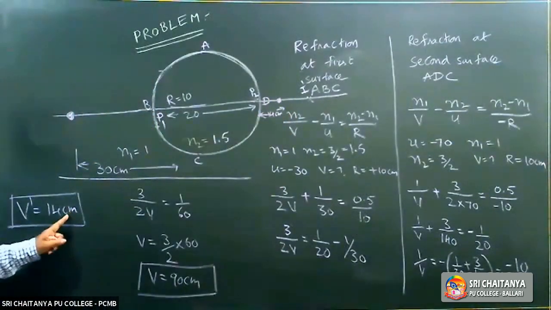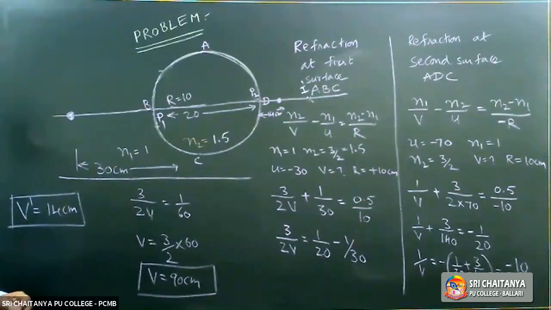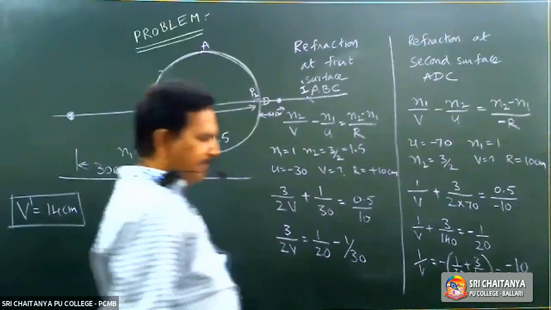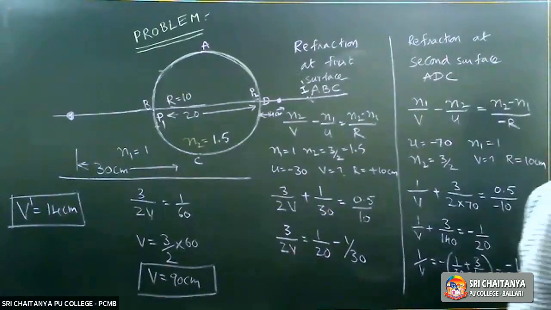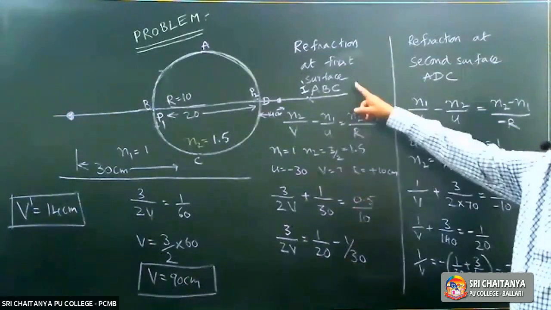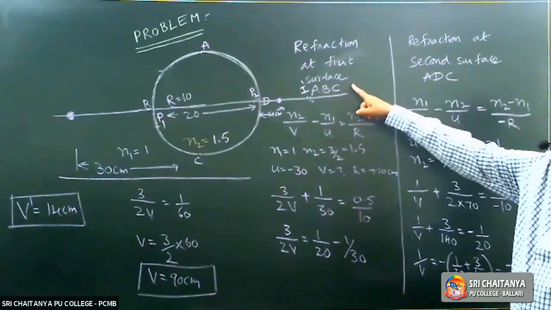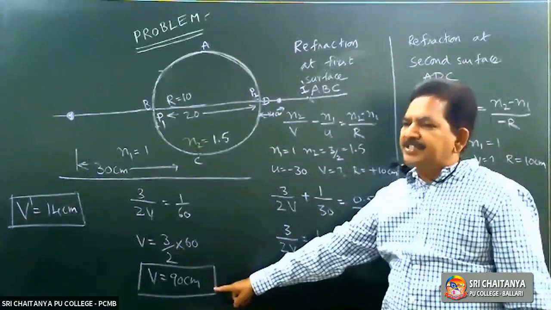This is the final image. The position of the final image due to refraction through the complete sphere. Slightly lengthy calculations in refraction at spherical surface. So first we took the refraction at the first surface ABC. We calculated the image distance.